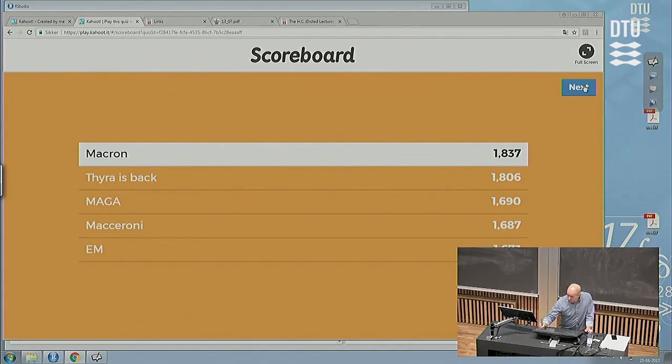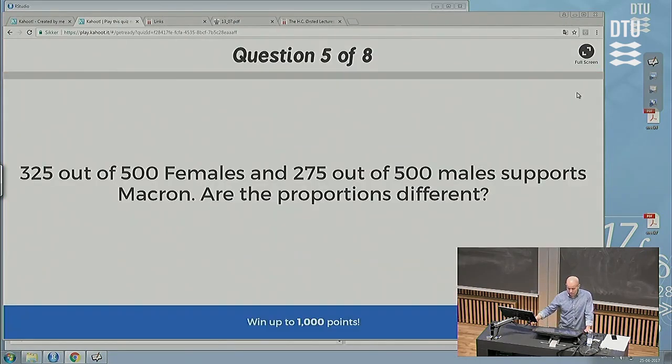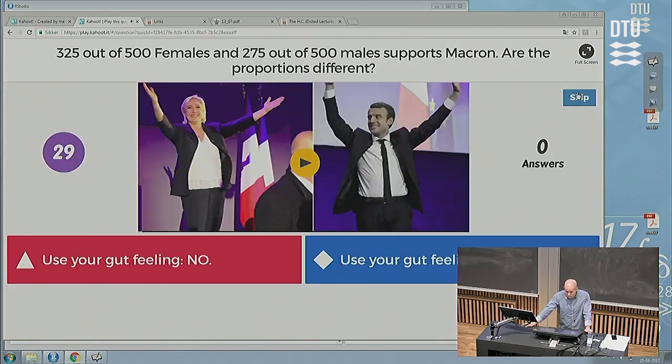Let's see if Macron is still up for it. This is difficult. I found the music again. Oh, that's nice.